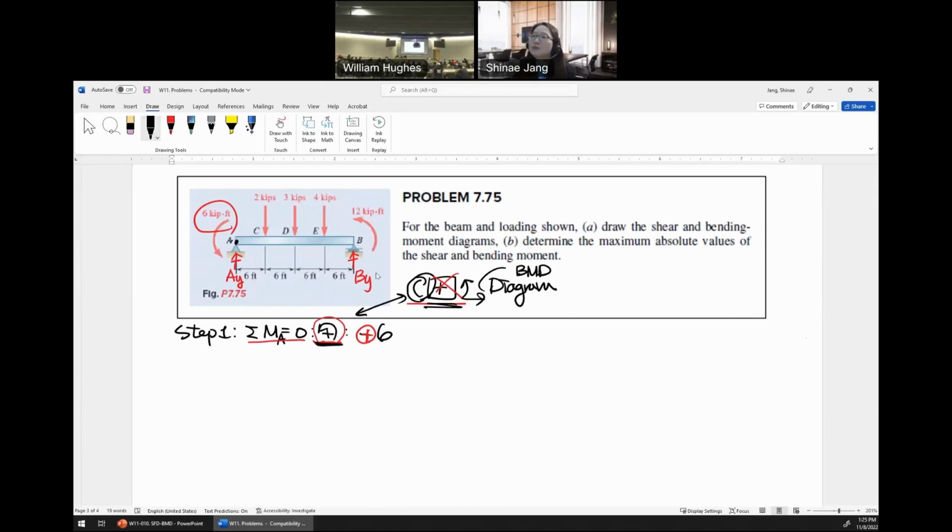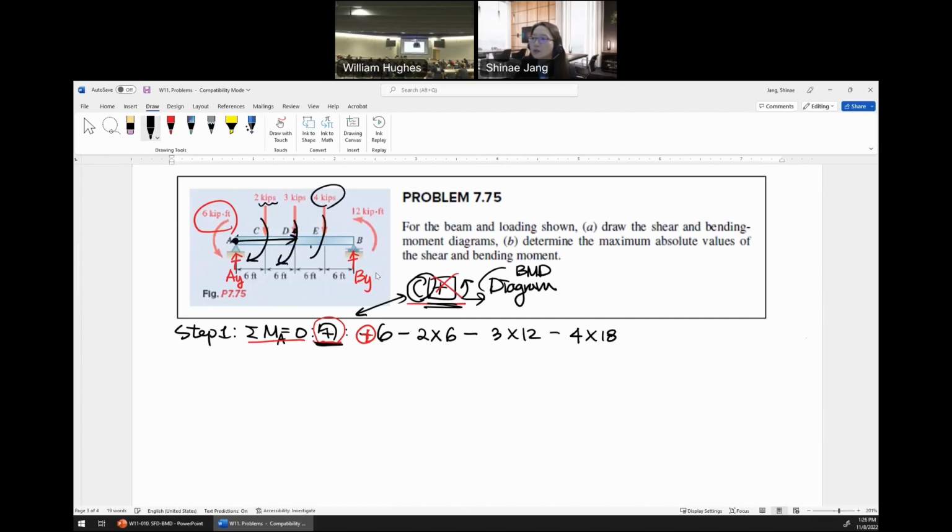And now move on to calculating the moment from this one. So minus 2 times 6 because it is inducing clockwise moment based on A, right? And now 3 times 12 because this point is also inducing clockwise moment and the moment arm is 6 plus 6, 12. And then minus 4 times 18, right?